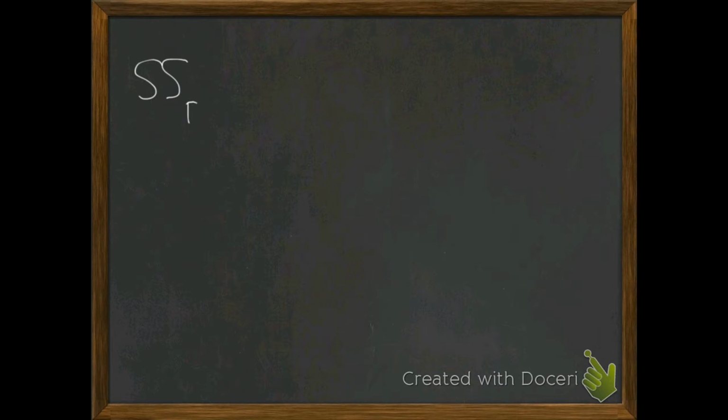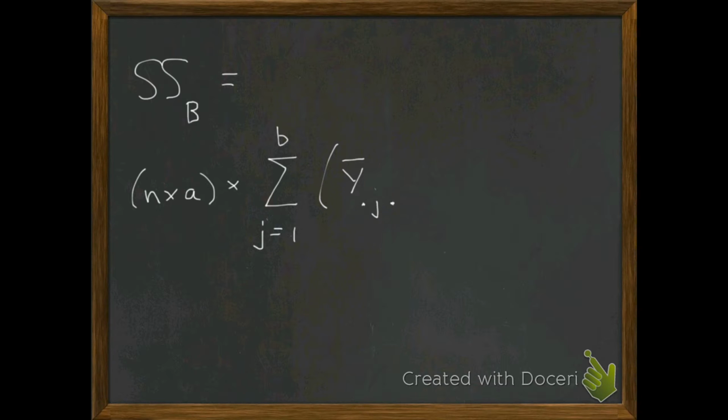All right, sum of squares for B. As you would probably think, it's N times A times the sum from, guys, don't let me get sloppy on these I's and J's. And all we're going to do here is just let the J's vary.